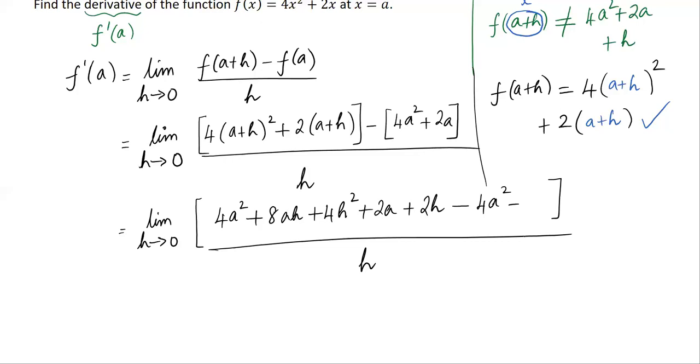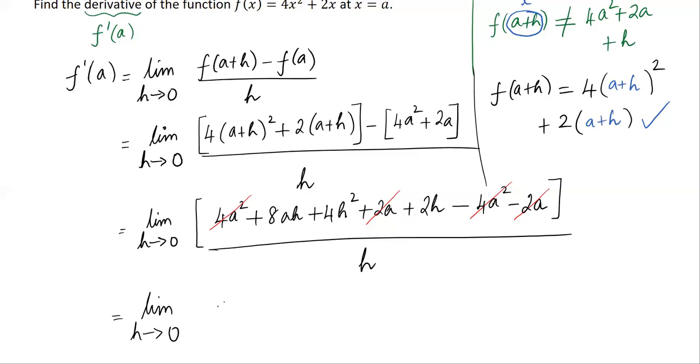Let me fix this 2a here. Okay. So then we have 4a squared and negative 4a squared, positive 2a, negative 2a. Look at your other terms. They each have an h. That's good. Now we can pull out that h. Again, don't single out an h.